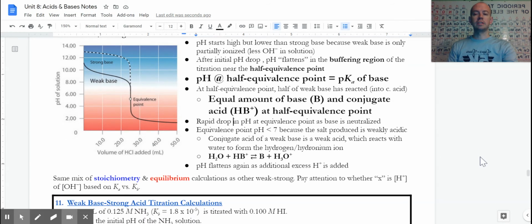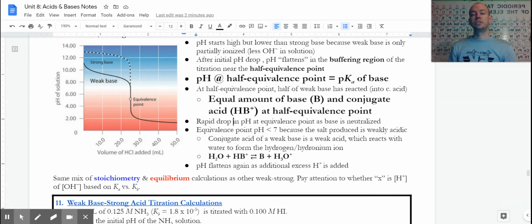So in terms of concept, we would have the same sort of mix of stoichiometry for some things when we're thinking about the acid reacting with the base, to think about limiting and excess and number of moles and total volume and molarity, and equilibrium.